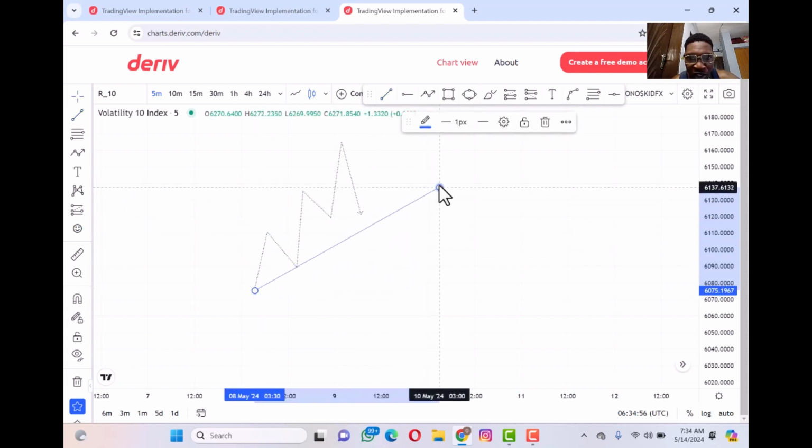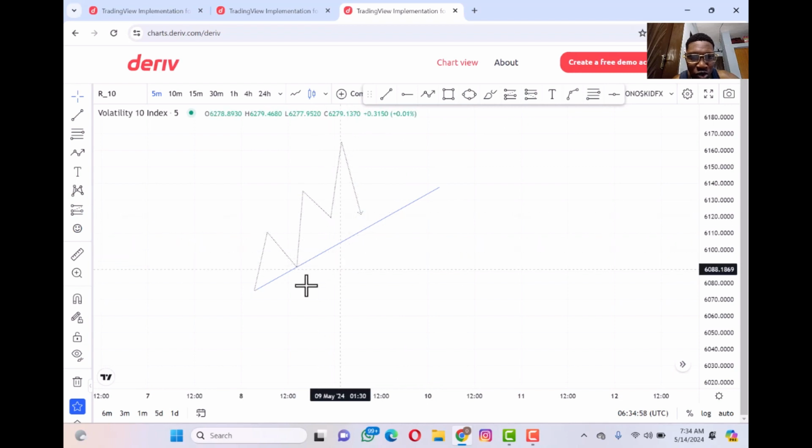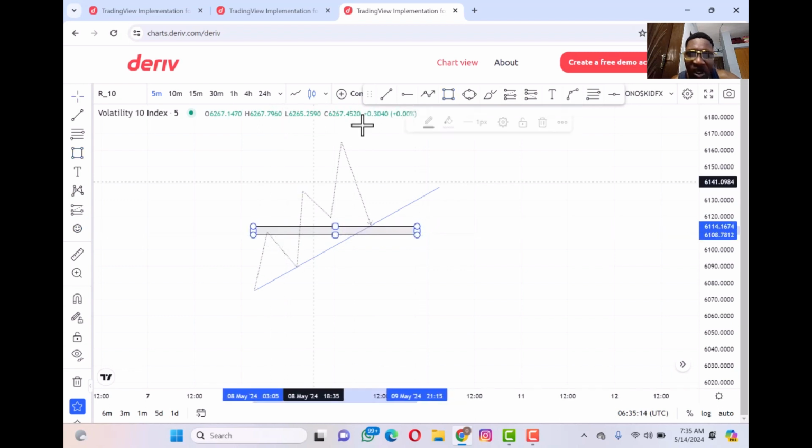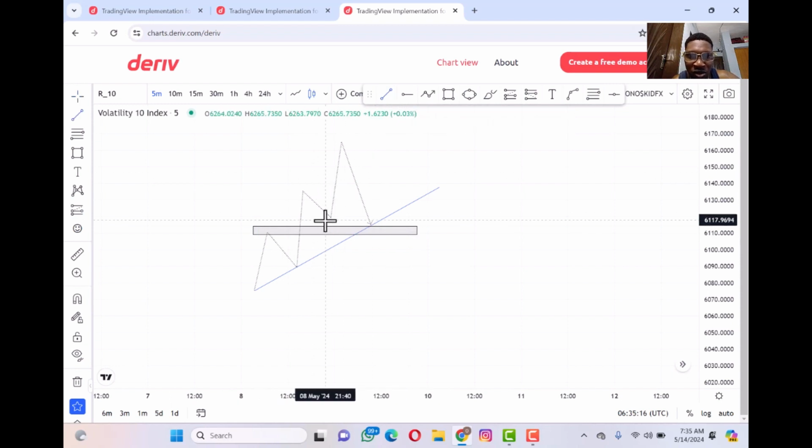So you want to exercise patience for the price to tap properly into this level, because this is a structural level that the market might be expecting around this zone here, and this could probably be called a liquidity grab.